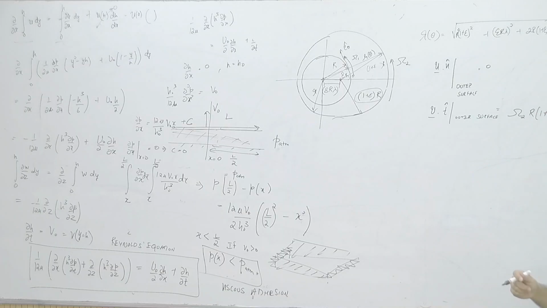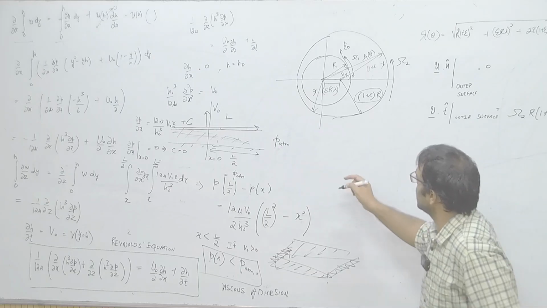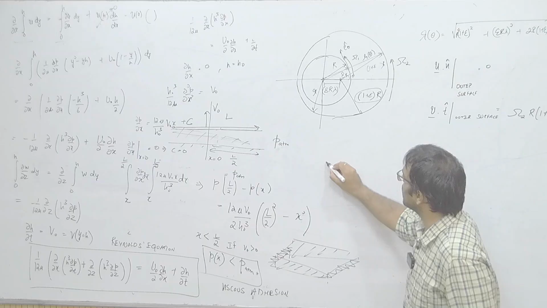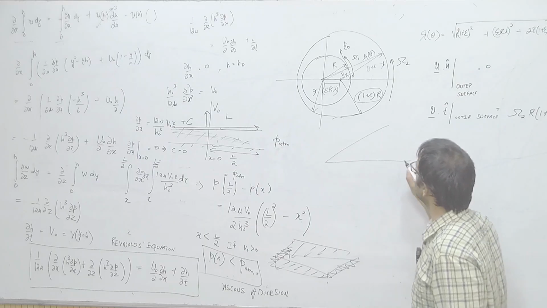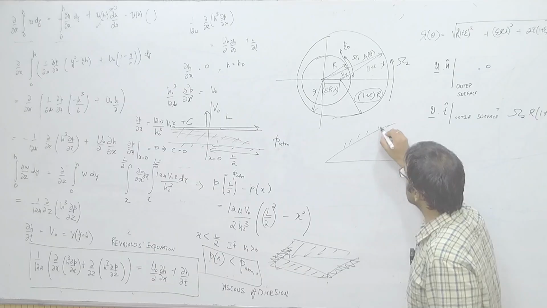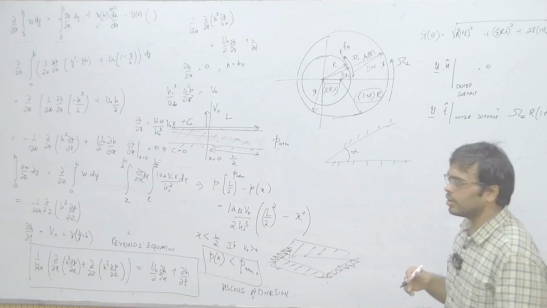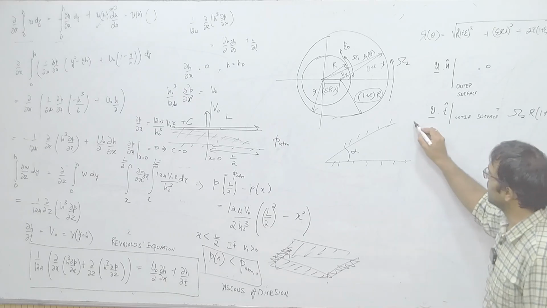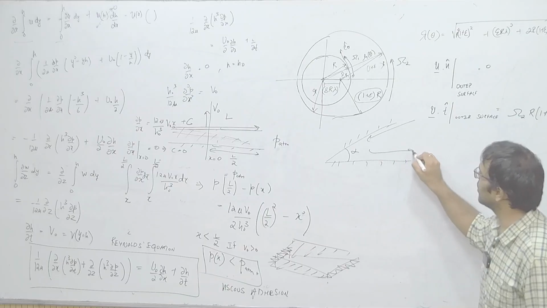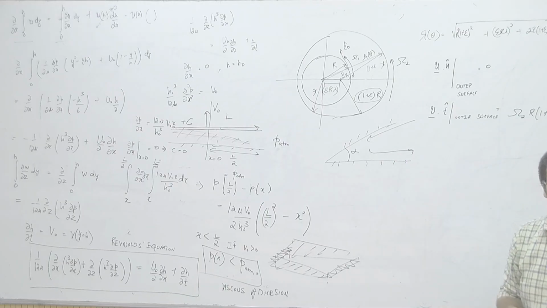You can solve for, so probably you have seen this in your practice sheets, you can do the solution in these kind of scenarios as well. Let us say you have some angle alpha, you have two plates and there is flow coming in and going out. You can solve the Stokes flow equations in cylindrical coordinates in this example.